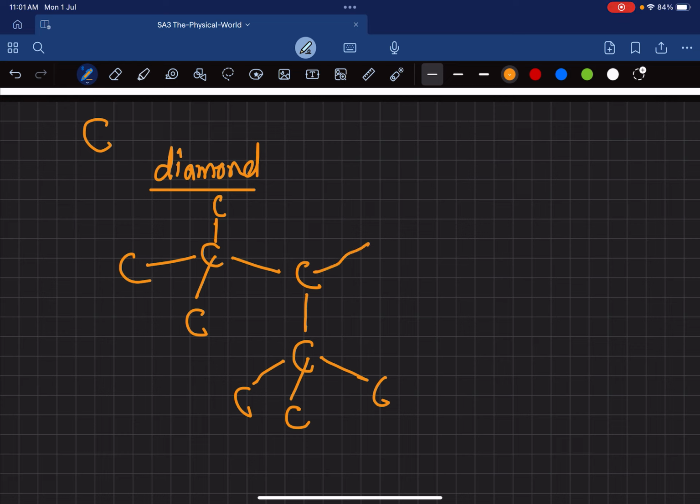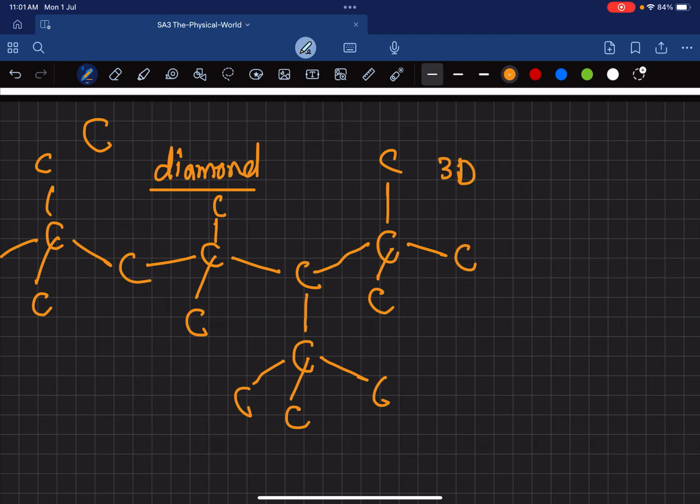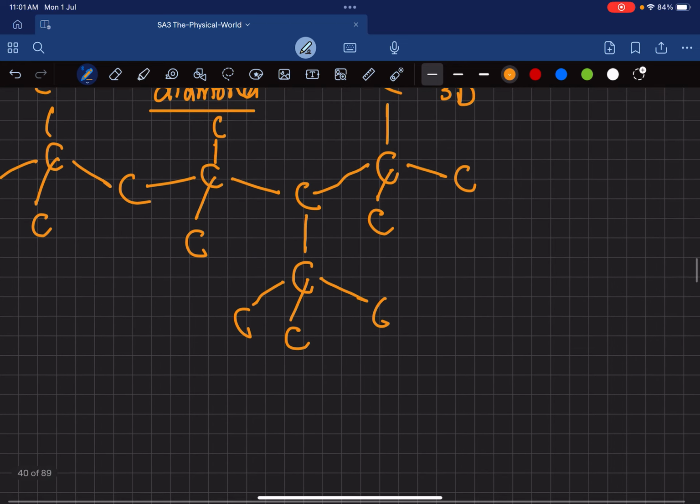So every carbon atom is covalently bonded to other carbon atoms, and this just goes on and on. It's almost like infinity in 3 dimensions. That is one structure of carbon which we call diamond.